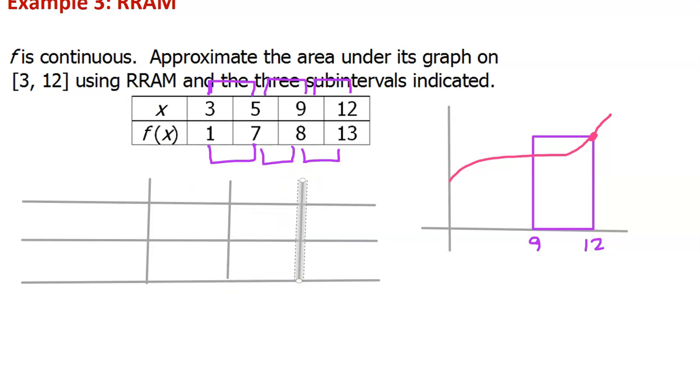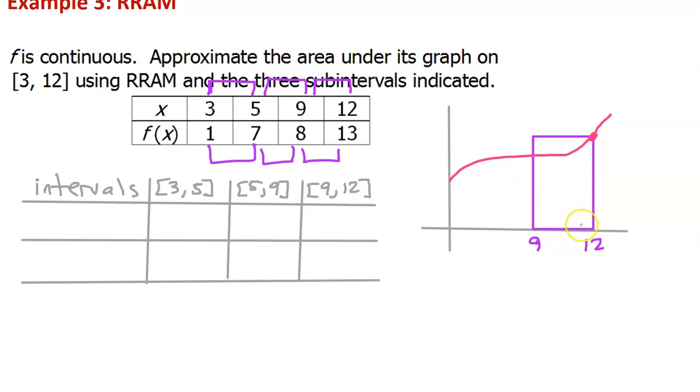So we have intervals. The intervals are 3 to 5, 5 to 9, and 9 to 12.